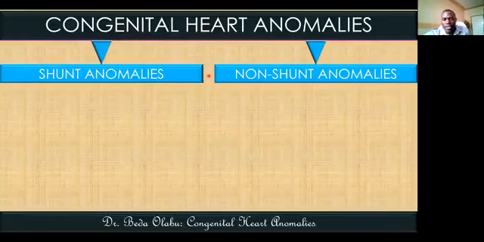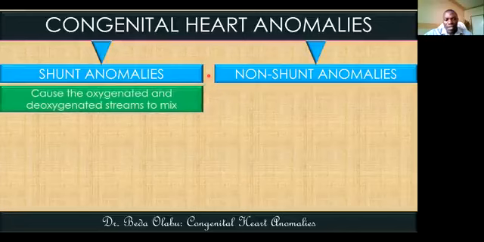Now, in this case, when you use the term shunt, it means an abnormal connection that tries to connect oxygenated and deoxygenated streams. Or simply put, malformations that we call shunt anomalies are malformations that allow mixing of the oxygenated and the deoxygenated stream.